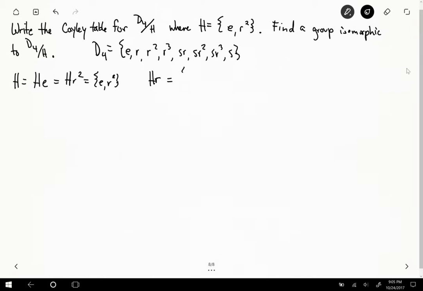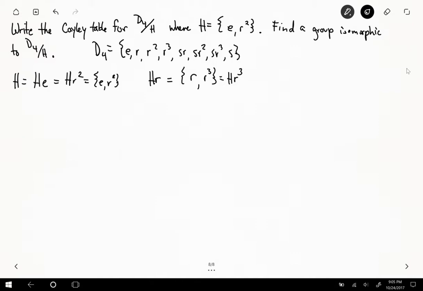The first element, you go E and then R, so you get R. The second element, you go R squared and then R, so that would give you R cubed, right? Think about another element that this might equal. Remember, cosets form a partition, and we're already assuming this is normal, so that shouldn't be too bad. This is going to be the same thing as HR cubed, and you can check and make sure that that works.